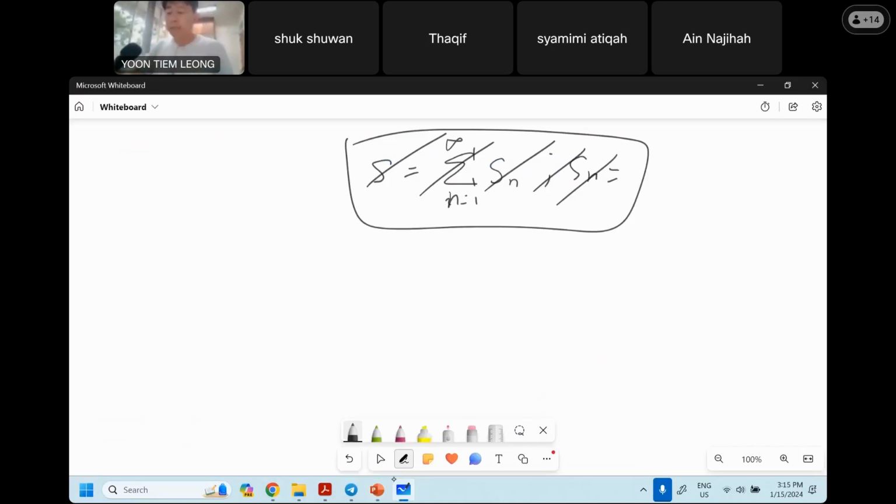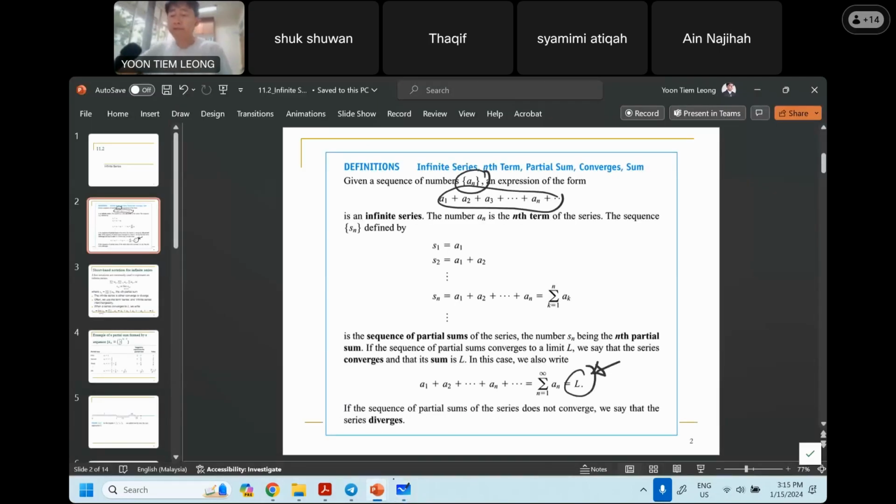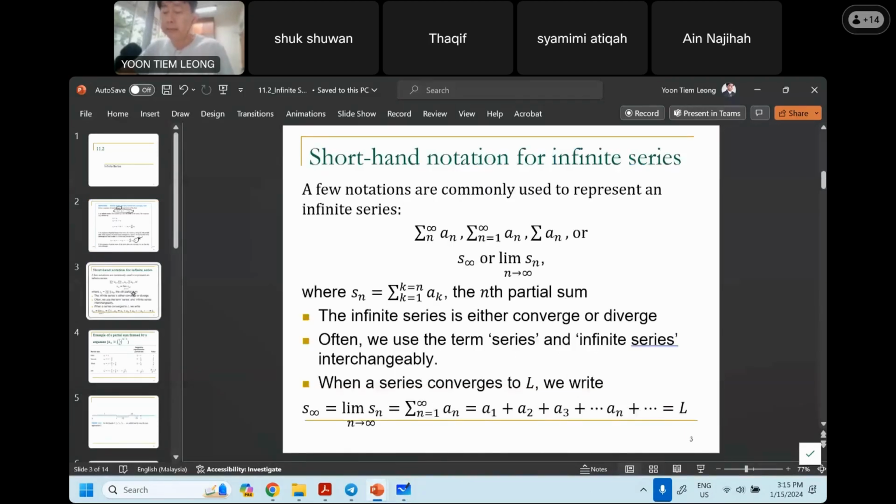There are many ways of representing an infinite series. You can represent it in this form, or this form, or this form, and they all refer to the infinite series. If you take only a finite number of terms in the infinite series, then this is called the nth partial sum.